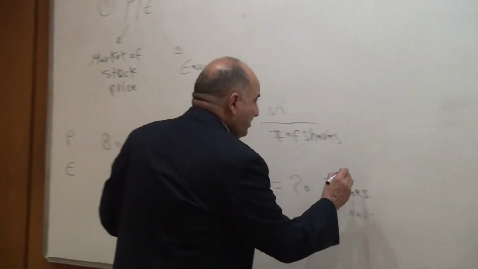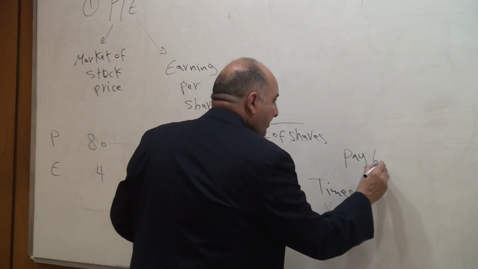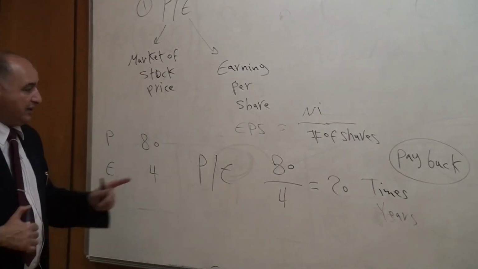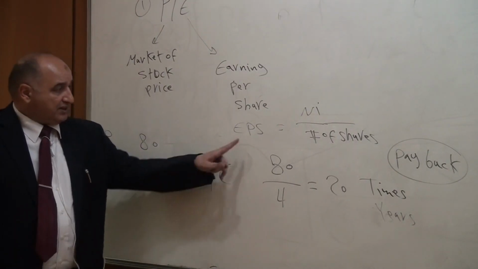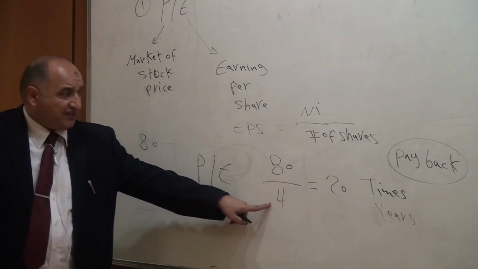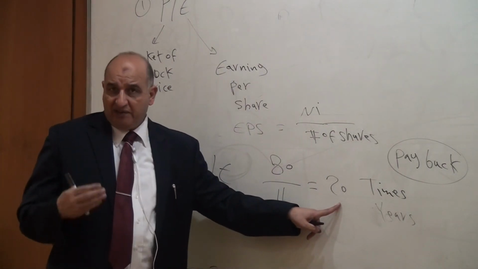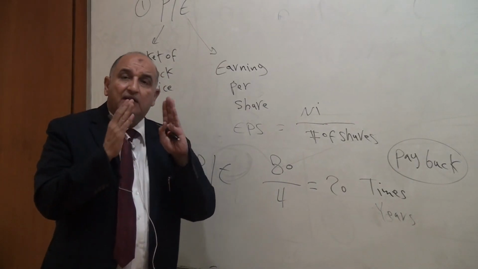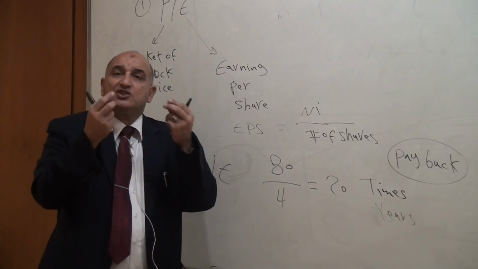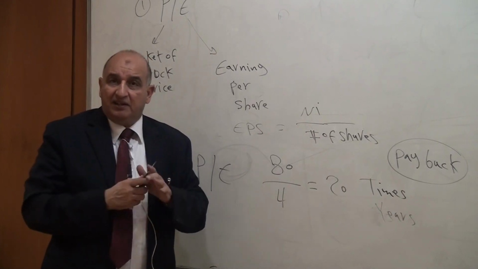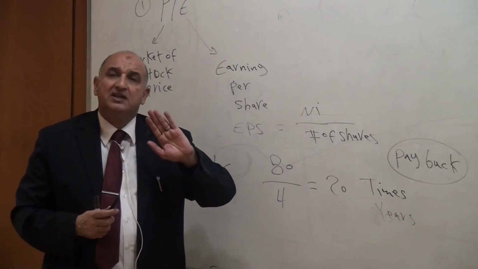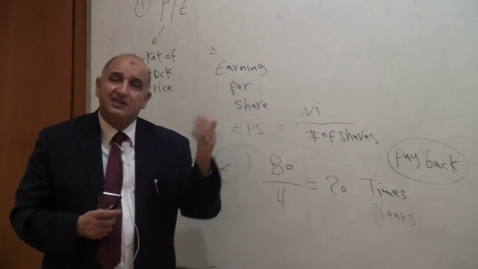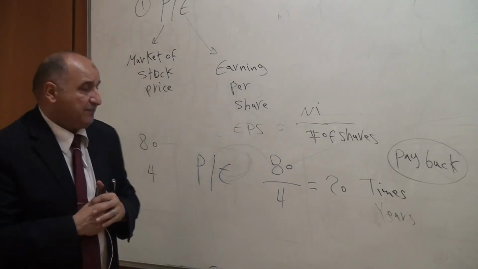And we can consider this one as the payback, فترة الاسترداد. Again, PE equals the price divided by earning per share. If it is 20, it means I have to stay 20 years to get my money back, and the stock in this case will be free. And for the rest of life, it means I didn't invest anything in the stock, and the rest will be pure profit.